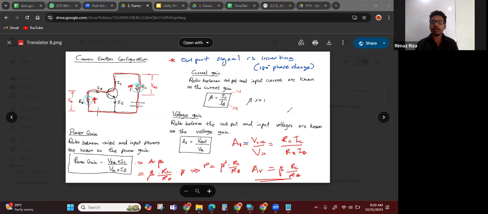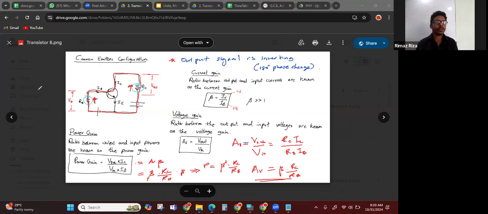Okay, so if you consider the common base configuration, we can use that more like for a switch, right? If we bias the input circuit only, then we can get current in the output circuit, right?